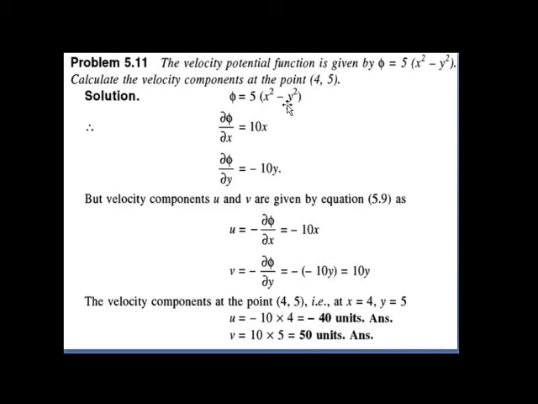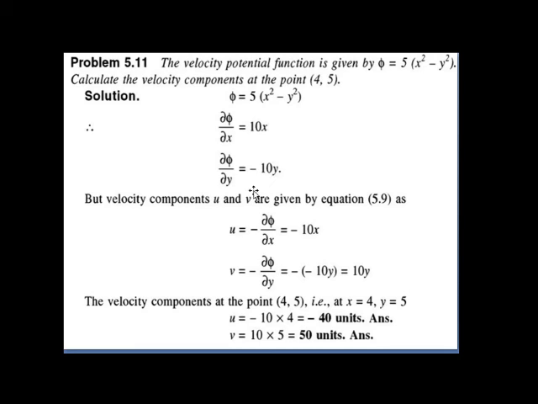It means we have to calculate the velocity components in the x and y directions only. So we first differentiate phi with respect to x and with respect to y. Dou phi upon dou x is equal to 10x, and dou phi by dou y is equal to minus 10y.